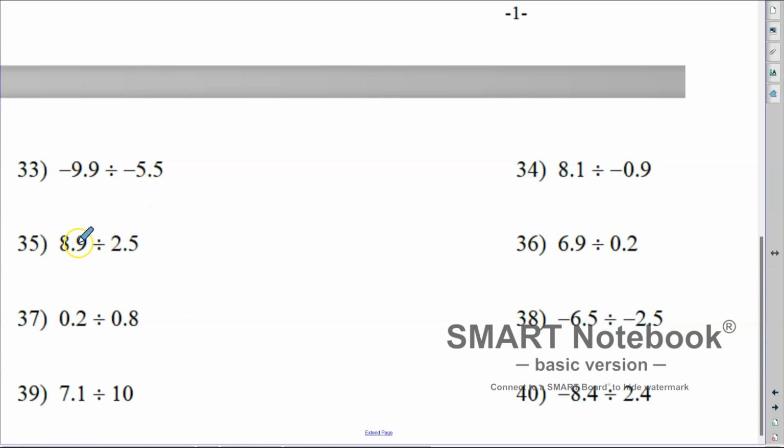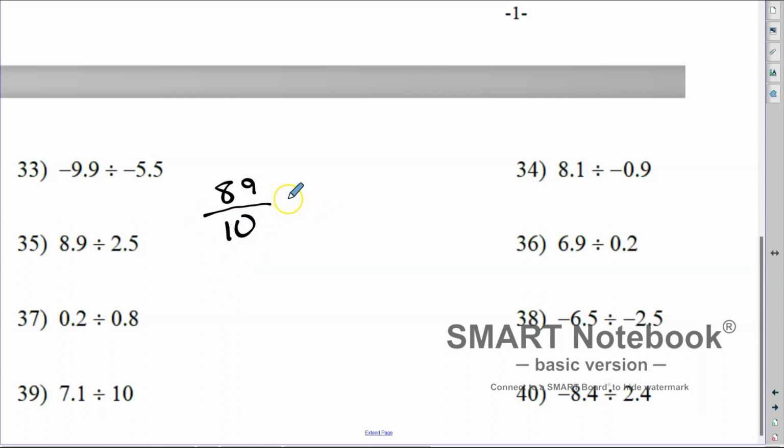Case in point, you might do something like this, okay? I may or may not finish this one, but let me give you an example. So 8 nines, okay? We can definitely do something like this, right? 8.9 divided by 0.25, okay?